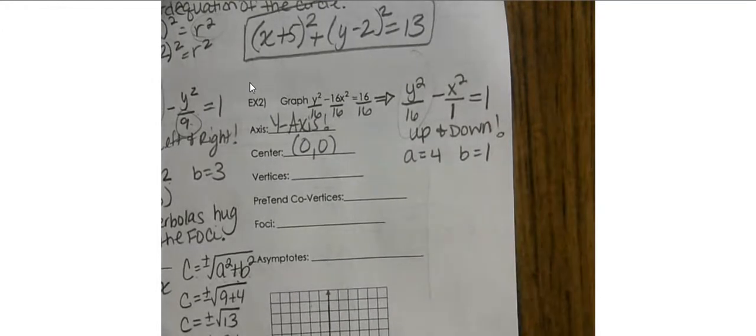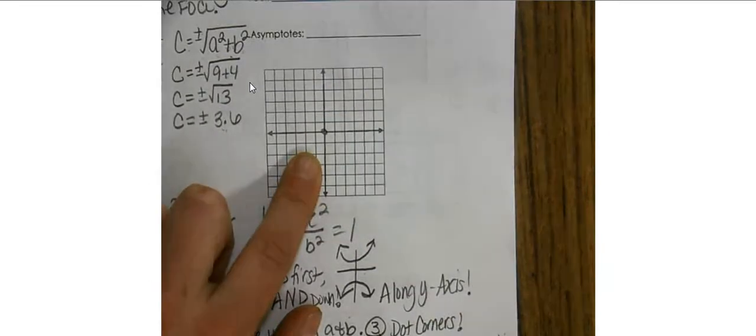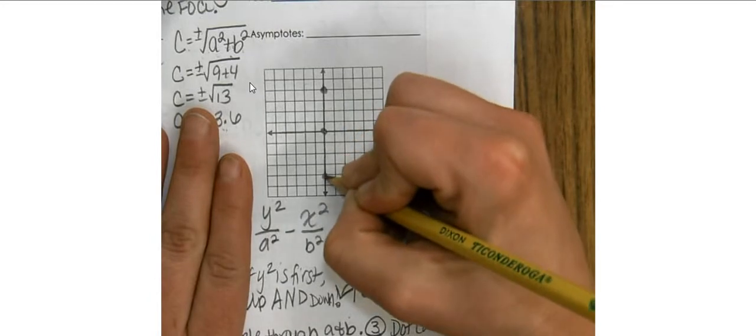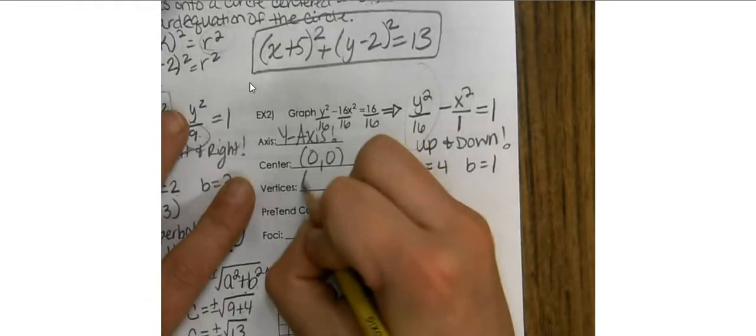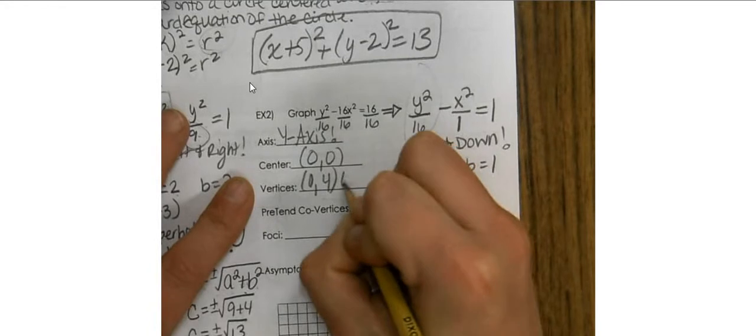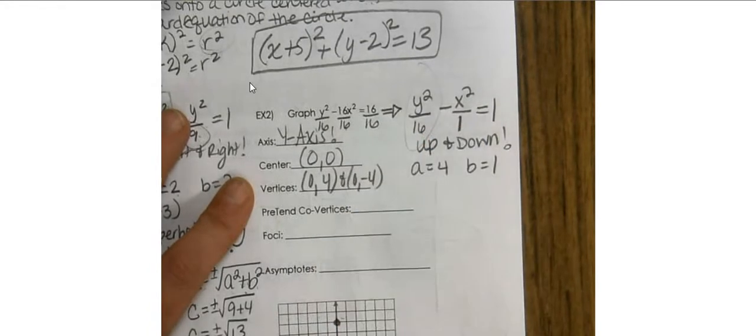So now I'm going to plot 0, 0, and I'm just going to count. My y-axis, I'm going to count 4 units up. 1, 2, 3, 4. And I'm going to count 4 units down. 1, 2, 3, 4. These two ordered pairs represent my vertices. So my vertices are going to be located at 0, 4 and 0, negative 4.